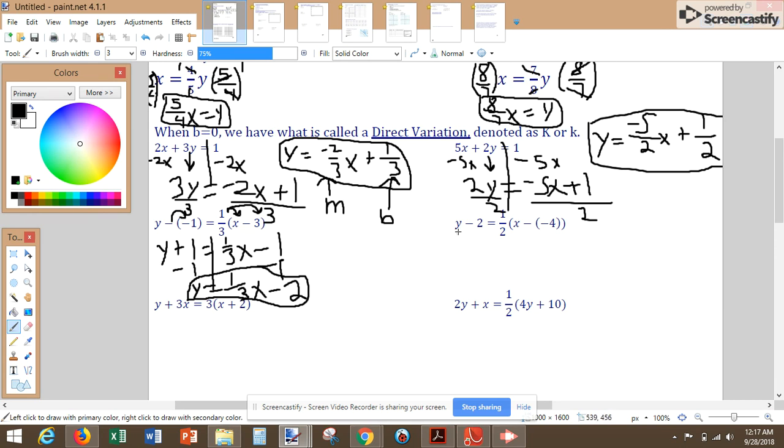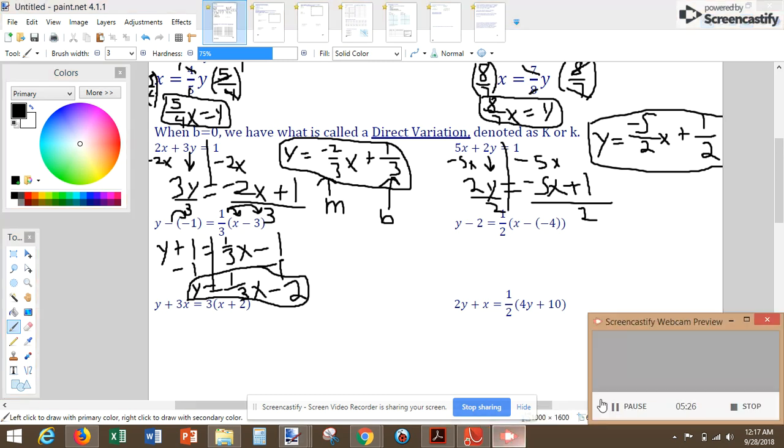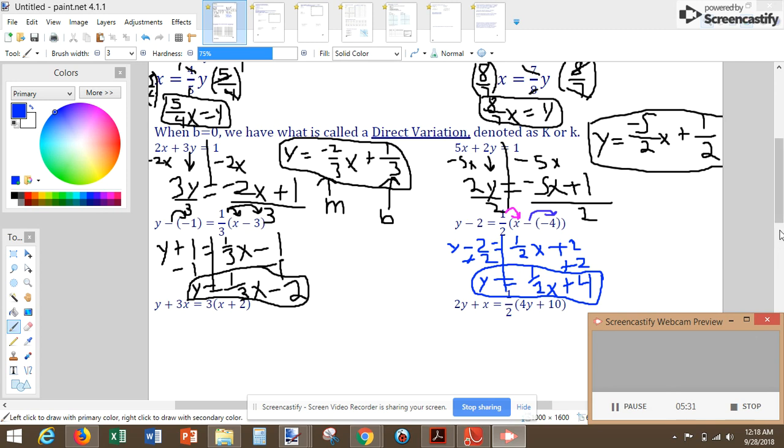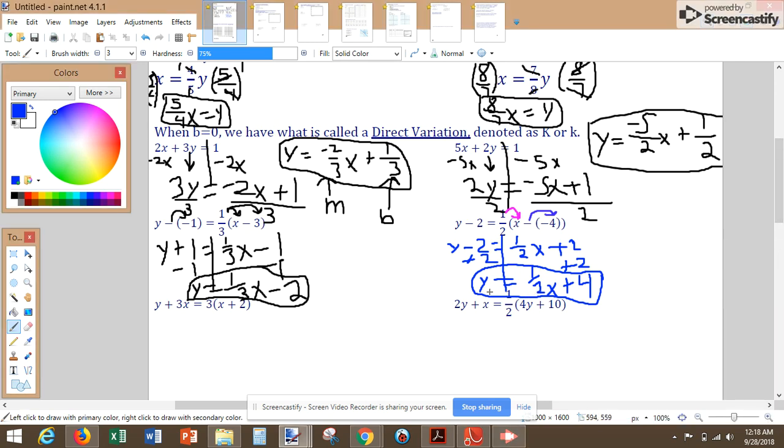Next example is y minus 2 equals 1/2 parentheses x minus parentheses -4 close parentheses close parentheses. Pause the video, try this example. Okay, the slope-intercept form for this one is y equals 1/2 x plus 4.